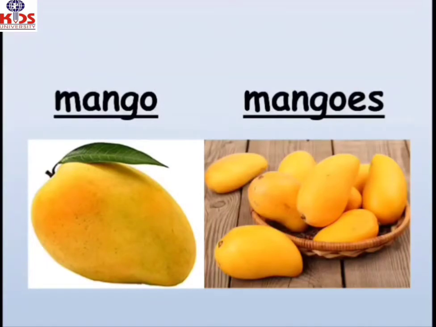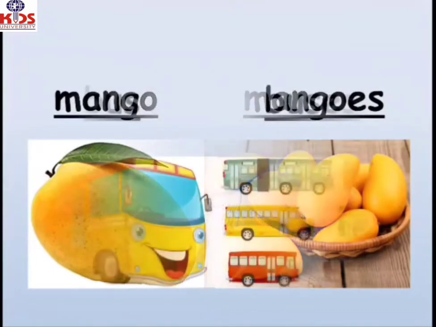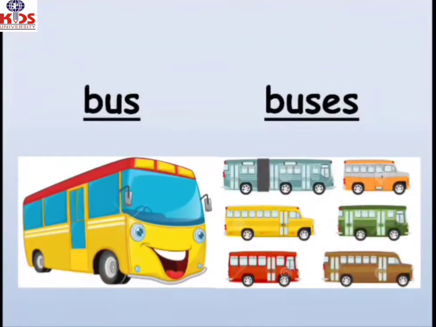Mango ends with o, that's why we have added es in its plural form. Plural form of bus is buses. Bus ends in s, that's why we have added es in its plural form.